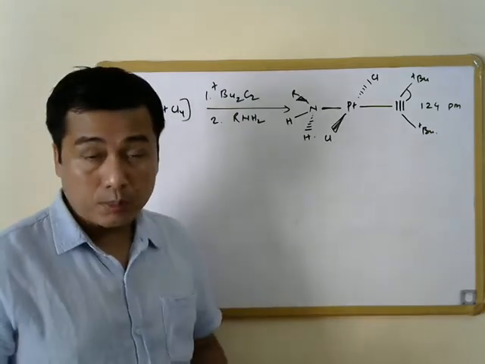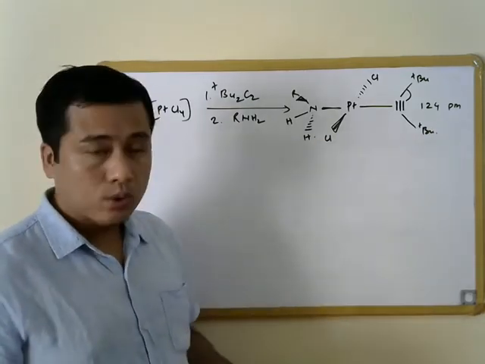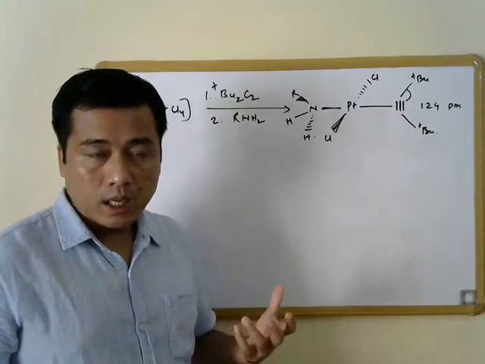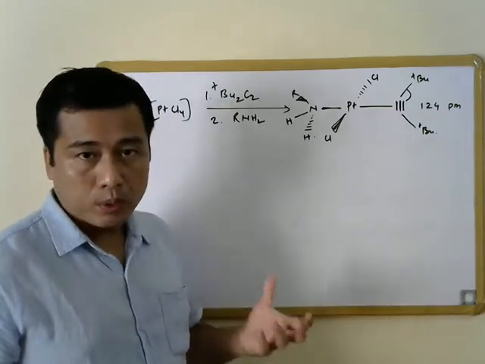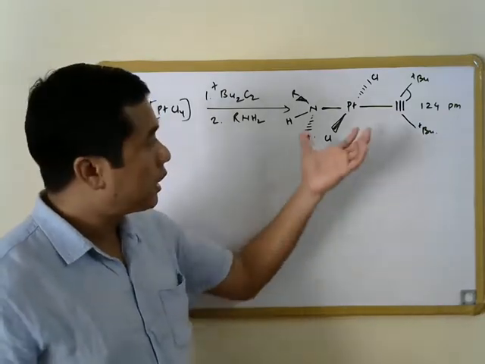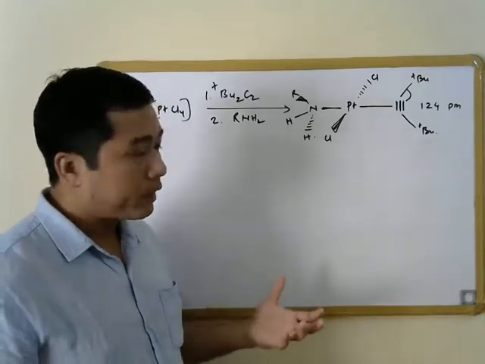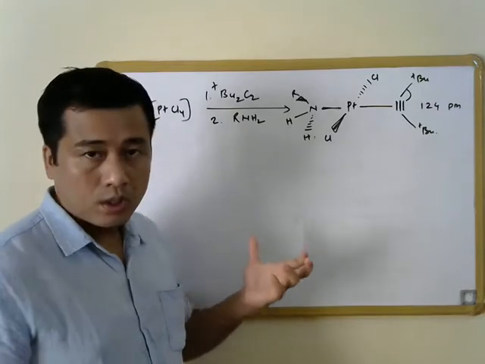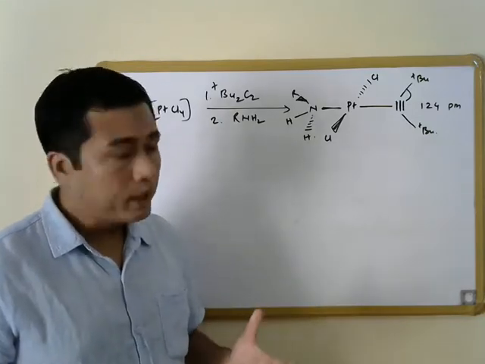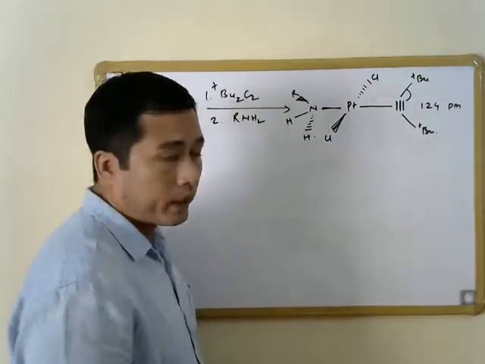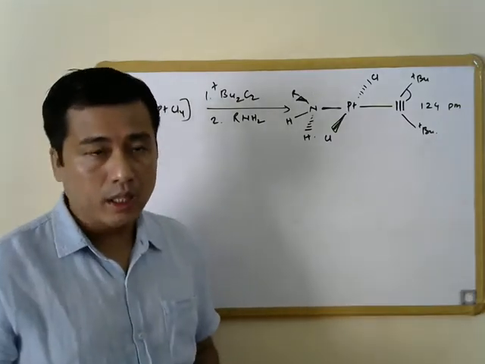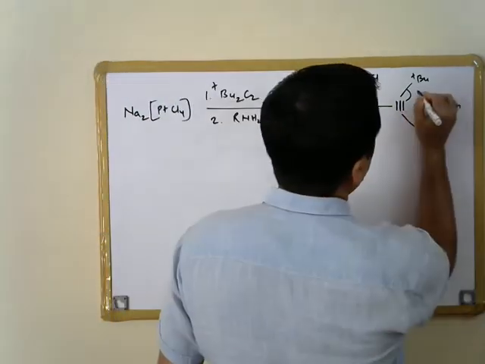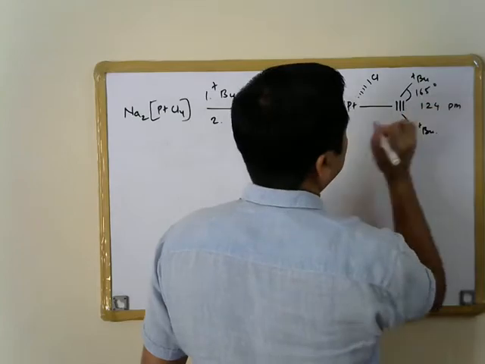The carbon is sp hybridized, but once it is coordinated to the metal center, the hybridization is no longer purely sp, and it deviates. It acquires some more p character. The hybridization on the carbon atom has more p character, and the bond angle also deviates from linearity, and in this case it is equal to 165 degrees.